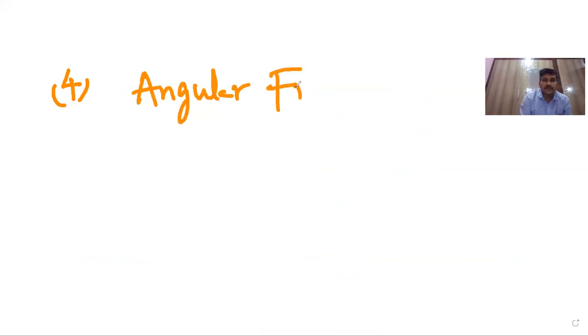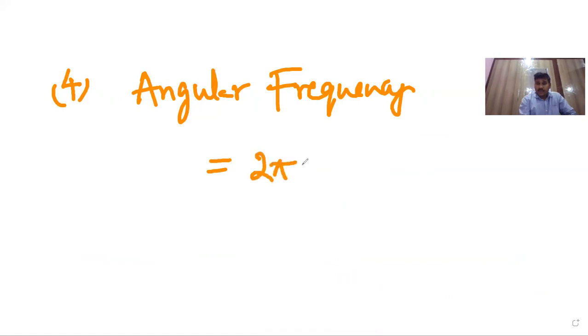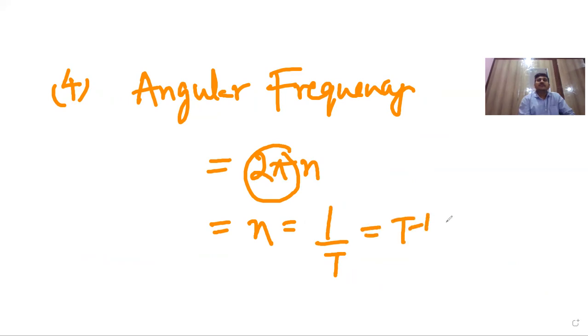Angular frequency is simply defined as 2 pi n. 2 pi is a dimensionless parameter, a constant. N is nothing but the frequency term. So 1 by T, which is equal to T minus 1.